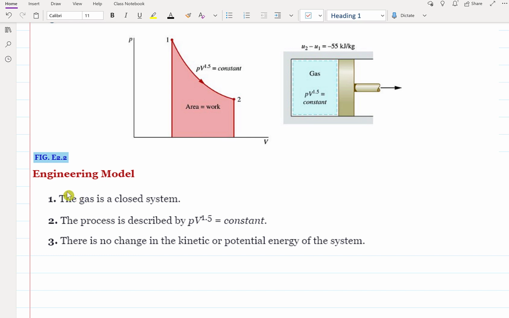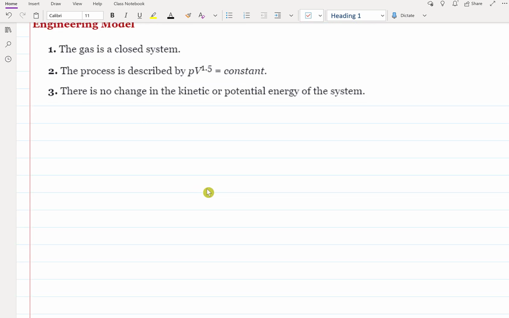Here are the assumptions. The gas is a closed system. The process is described by a polytropic process. Pressure times volume to the 1.5 is constant. There is no change in the kinetic or potential energy of the system. So we are going to apply the energy balance.